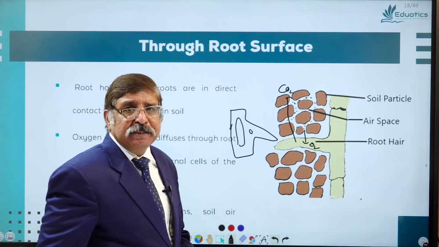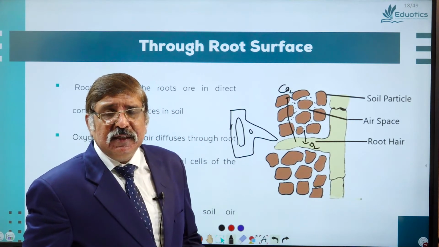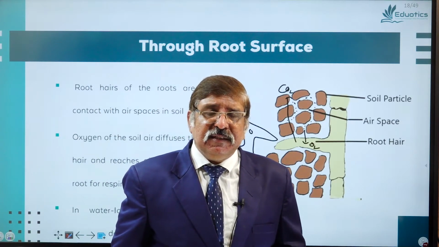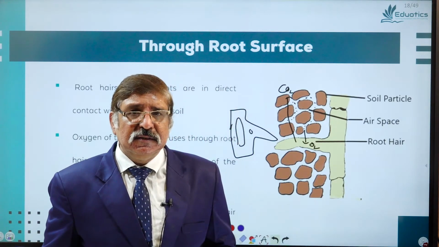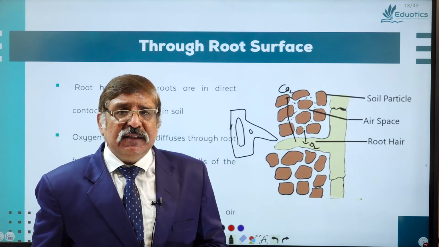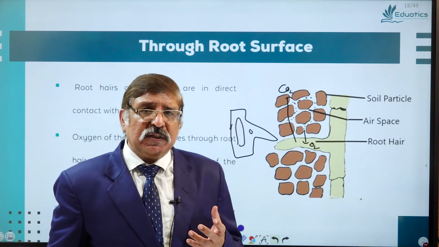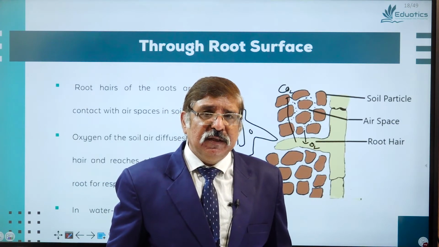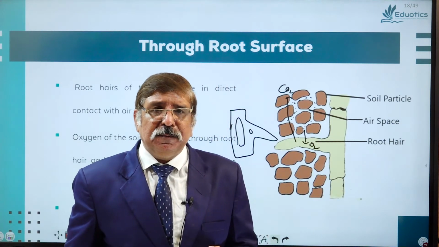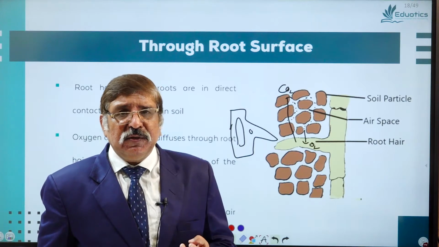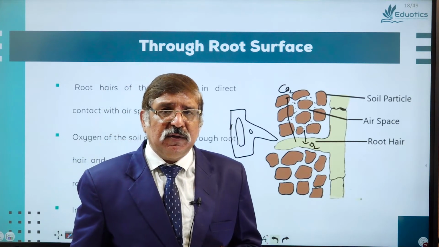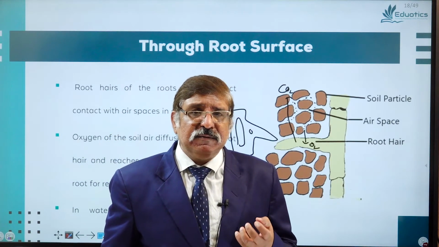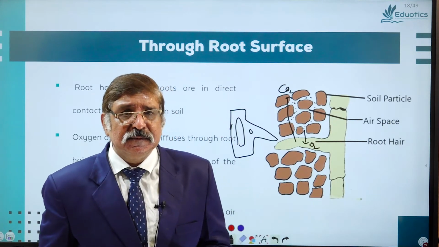That's why we say that clay soil, which does not trap air, is unfit for agriculture. Sandy soil does not allow water to stand, the water percolates through it. It's the silt mixed with loam which not only has water holding capacity but also air trapping capacity, which is very, very important for the growth of plants.